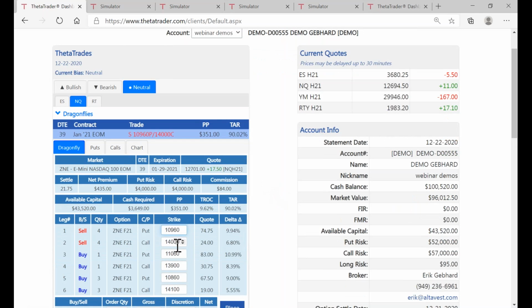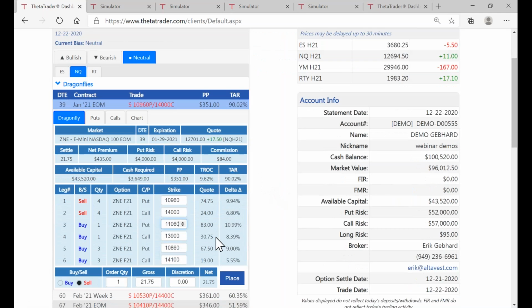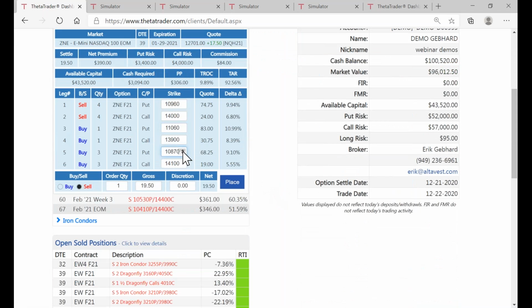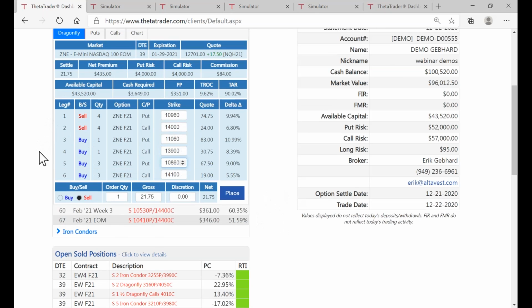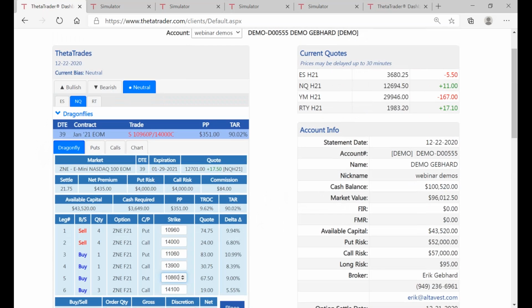You could change the strikes, move them up or down, and it will tell you when you place the order if there's a problem, if you make a mistake, your put that you chose is too high or too low compared to the call or whatever. But yes, you can change those strikes.